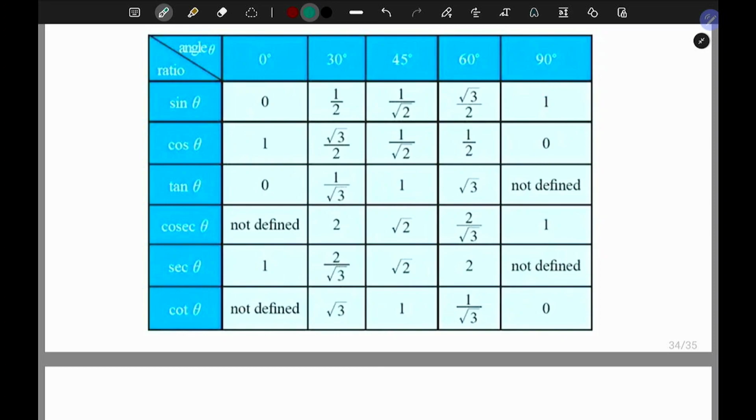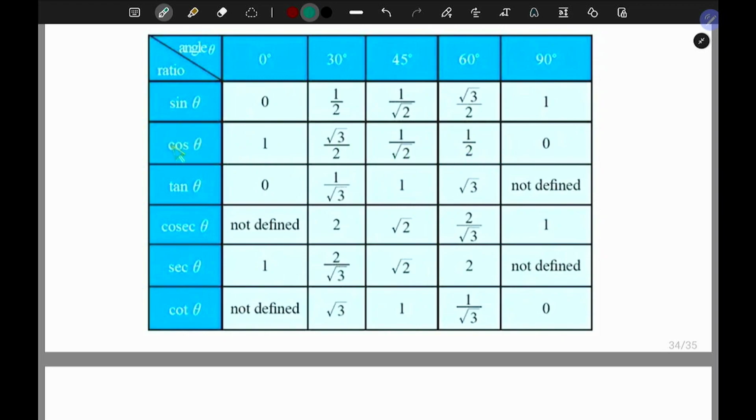And once you've done that, sine 0 is gonna be 0, sine 30 is gonna be 1 by 2, sine 45 is gonna be 1 by root 2, sine 60 is gonna be root 3 by 2, sine 90 is gonna be 1. So you just have to memorize the first 2 lines of this table, and the third line comes by itself. How is that possible?